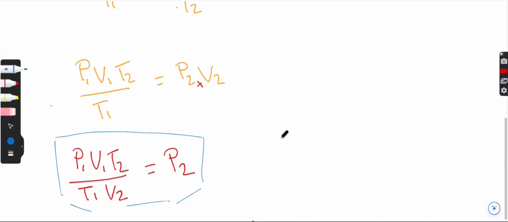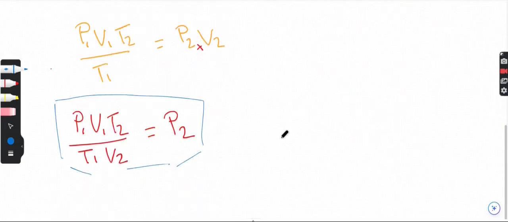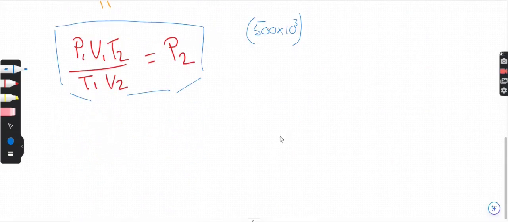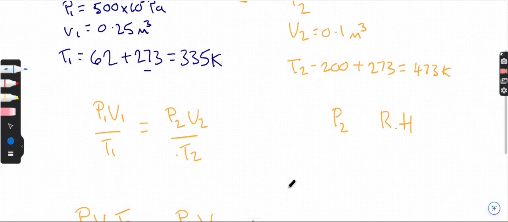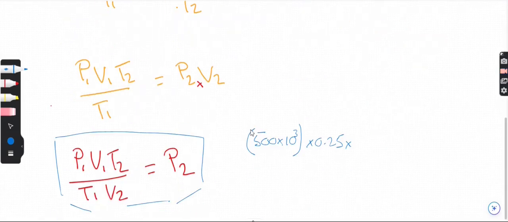So we know P1, what was P1? P1 is 500 times 10 to the 3, times V1, 0.25, times T2 in Kelvin, which was T2, not T1, 473.